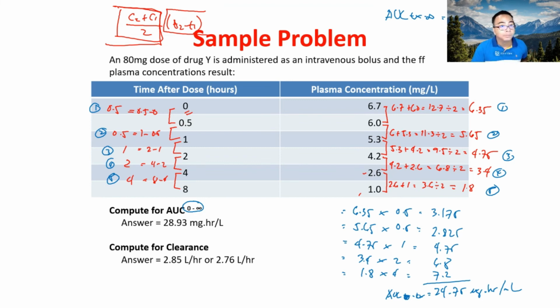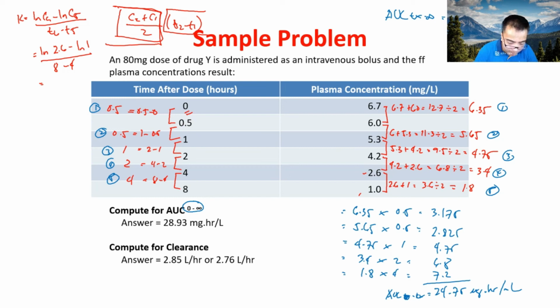So, let's compute K. So, that's Ln C6 minus Ln C5 over T6 minus T5. So, Ln 2.6 minus Ln 1 divided by 8 minus 4. Ln 2.6 minus Ln 1. Sorry kasi diretso ko na.